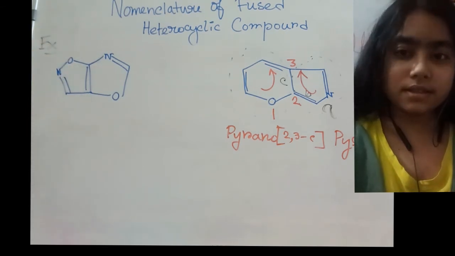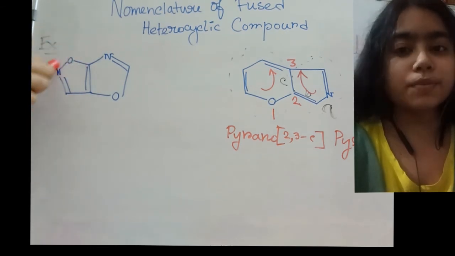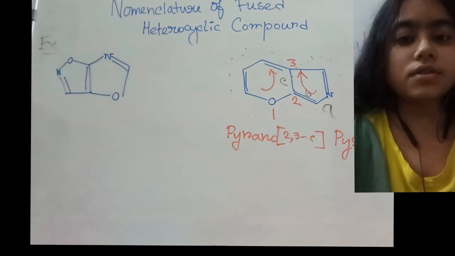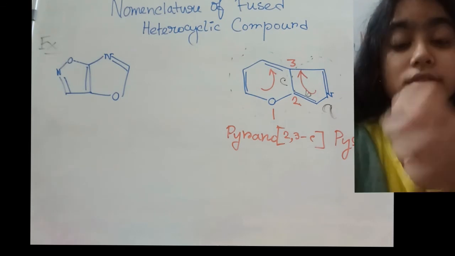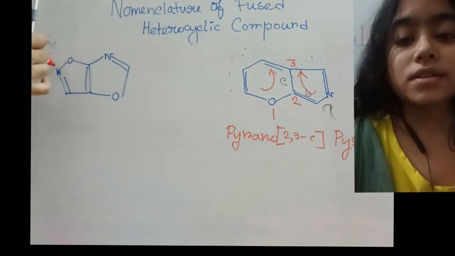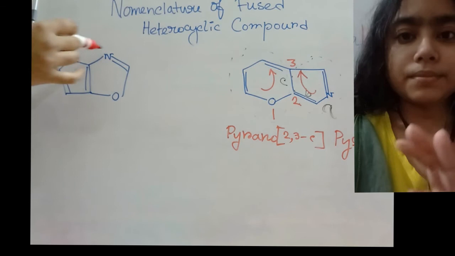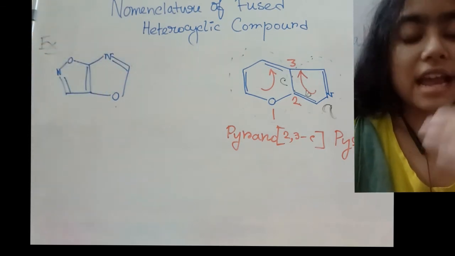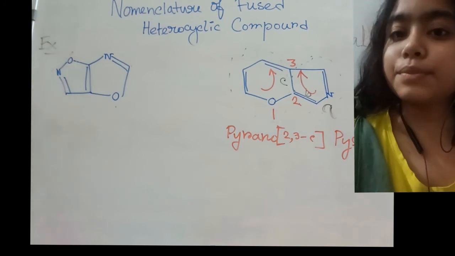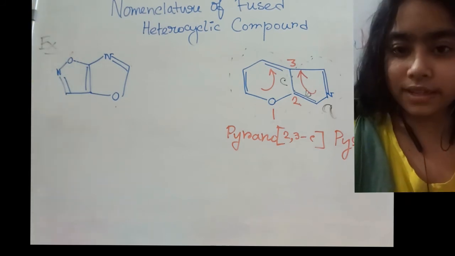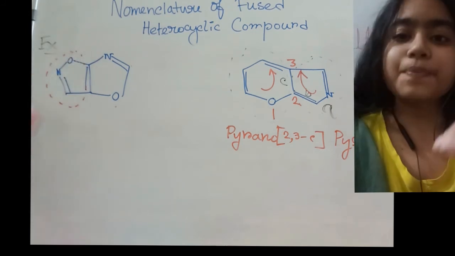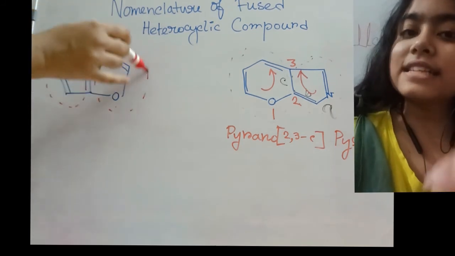Now see, in this ring, nitrogen and oxygen are closer than in the other ring. With normal numbering they are positioned on 1 and 2 here, and on 1, 2, 3 there. So here nitrogen and oxygen are close enough and the numbering is lower. So we will consider this ring as the base component and the other ring as the prefix.